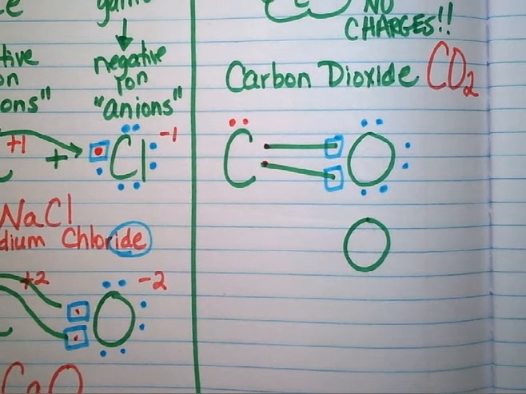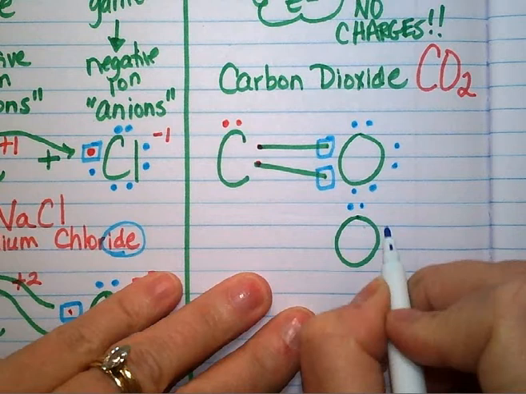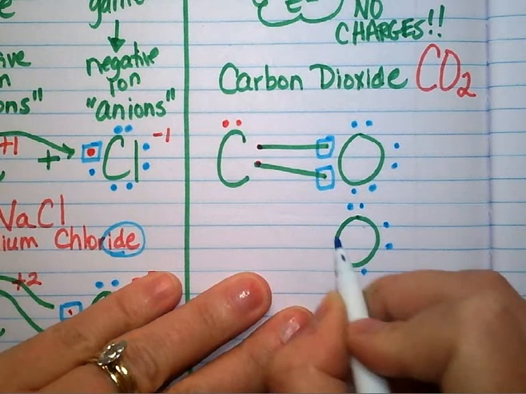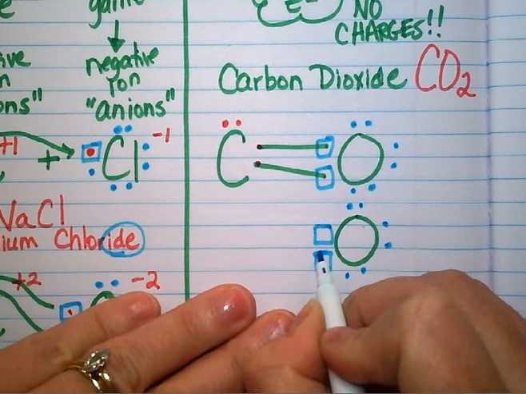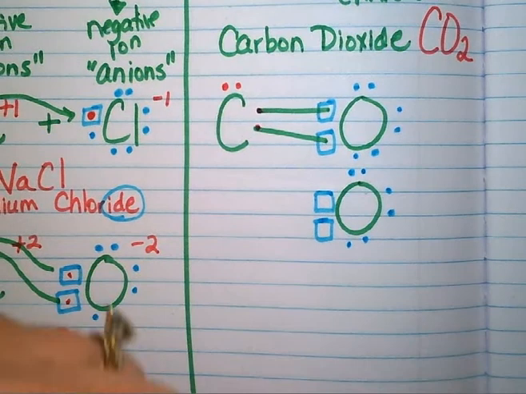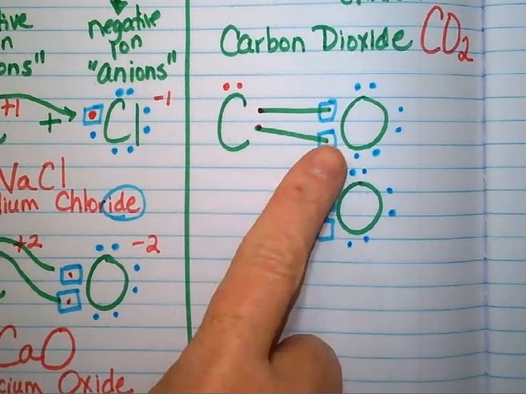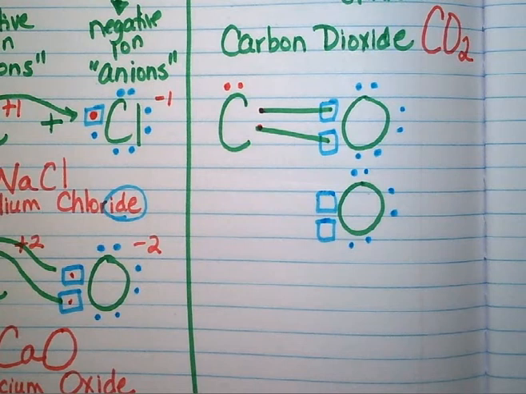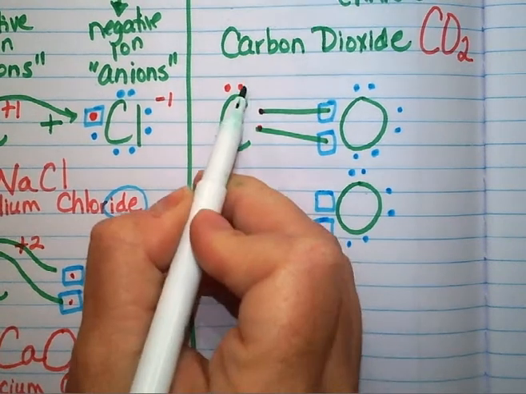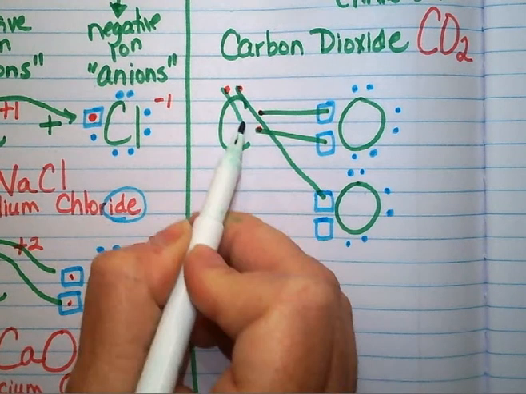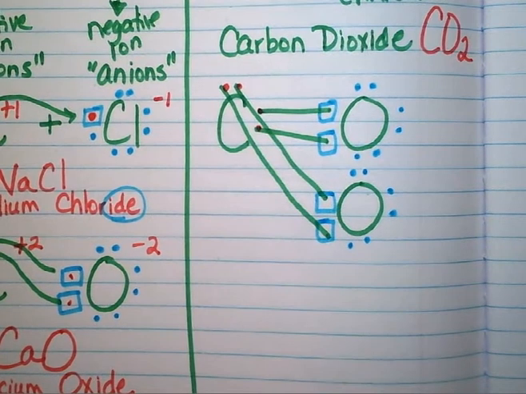And that explains why carbon needs 2 oxygens, because it has 4 valence electrons. You see that? If it only bonds with 1 oxygen, 2 of its electrons don't have a home, so it wants to share with another oxygen. And now you have CO2.